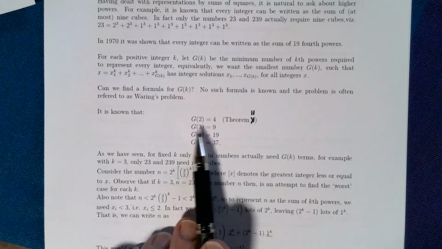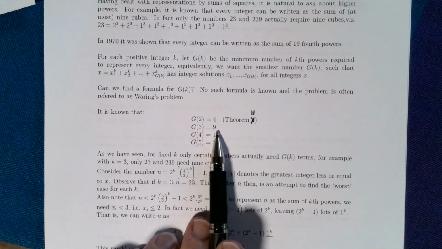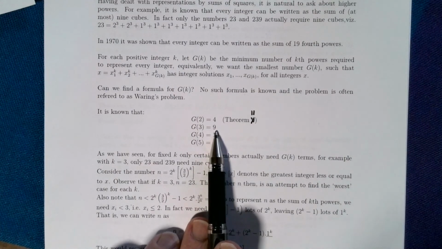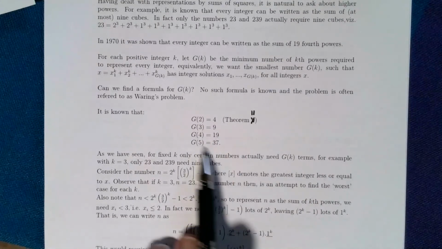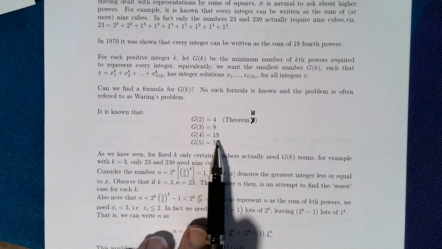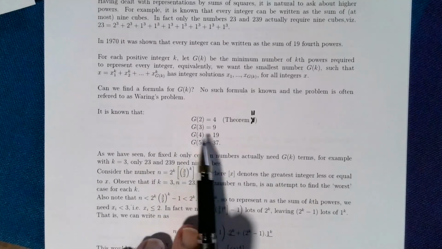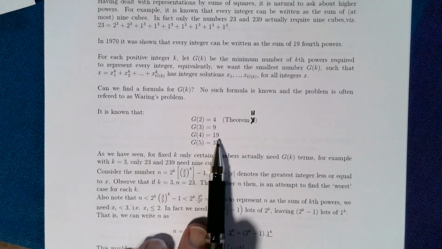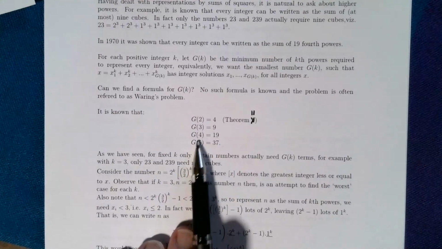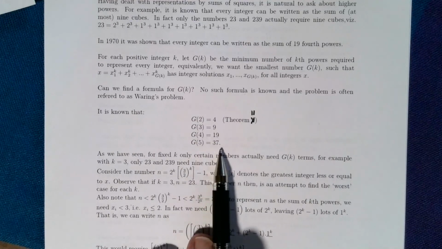Every number can be written as the sum of at most 9 cubes. It is known that every number can be written as the sum of at most 19 fourth powers. And we also know that G of 5 is 37. And beyond that, that's all we have.